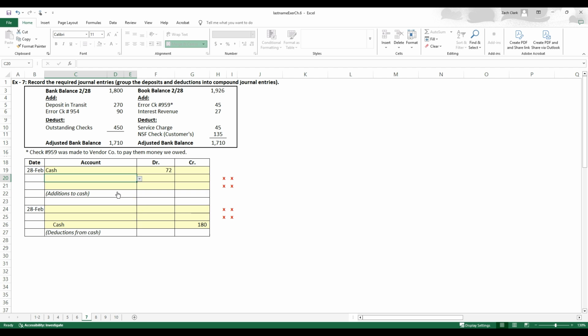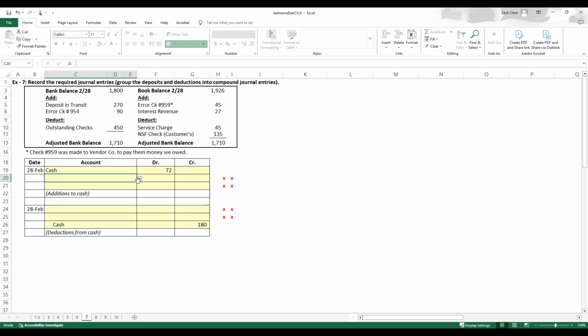I think we would want to do, let's see. I got to think about this one. We are increasing, okay, so our error in this check, here we go. Okay, so I was like, what? We need to know a little more information. So check 959 was made to a vendor company to pay them money we owed.